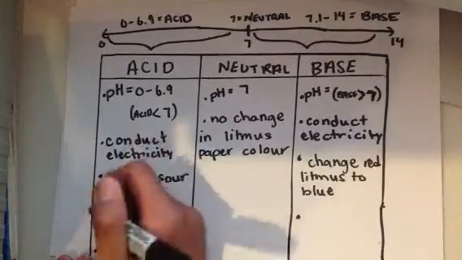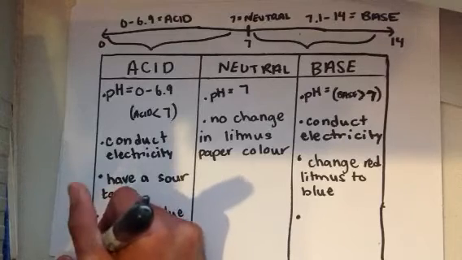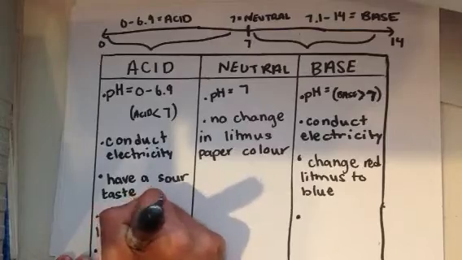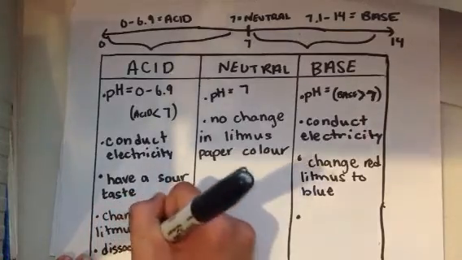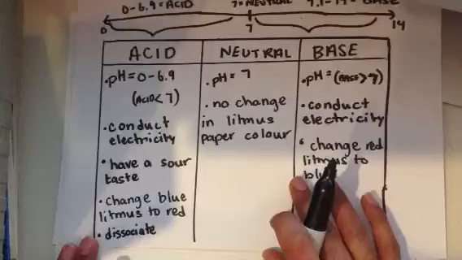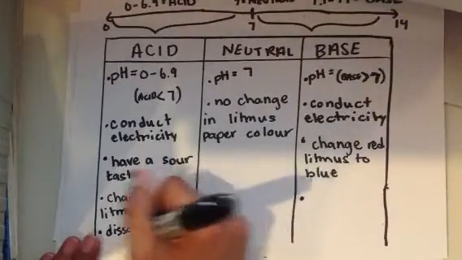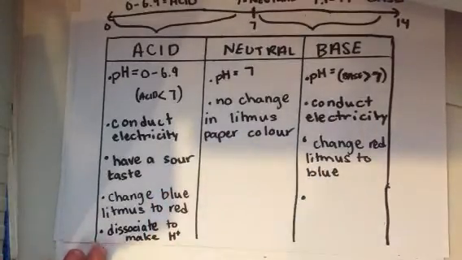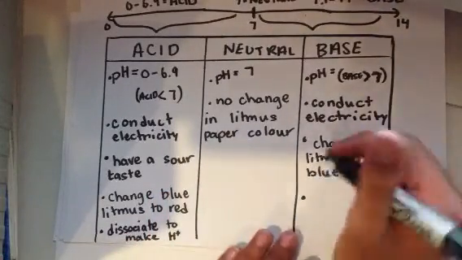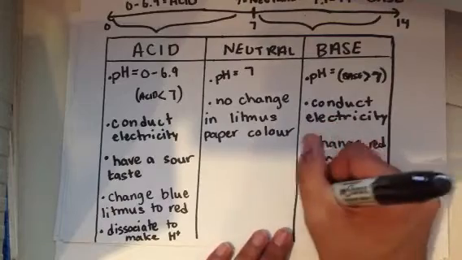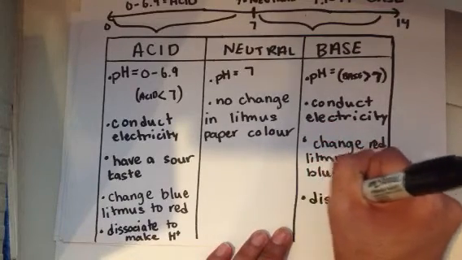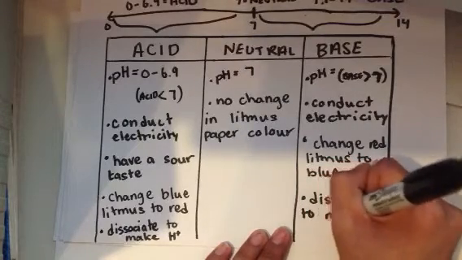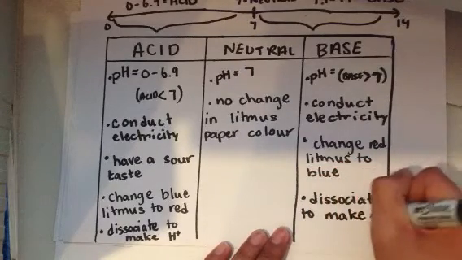When acids react, they dissociate to make hydrogen ions, or hydronium ions, which is H3O, and bases will dissociate to make hydroxide ions.